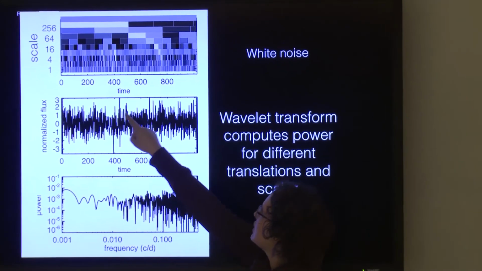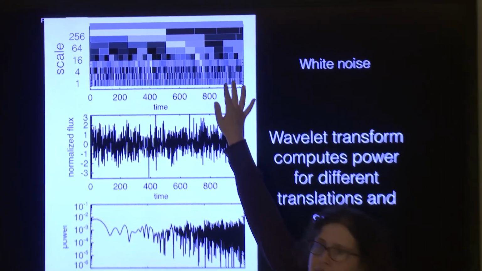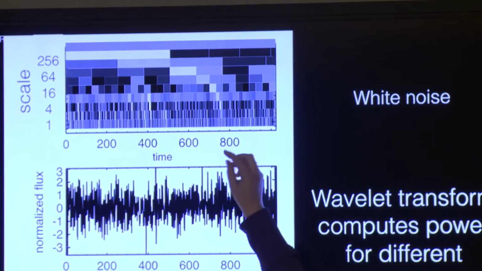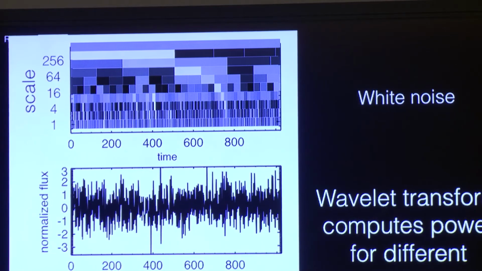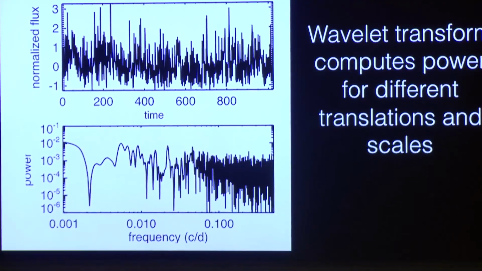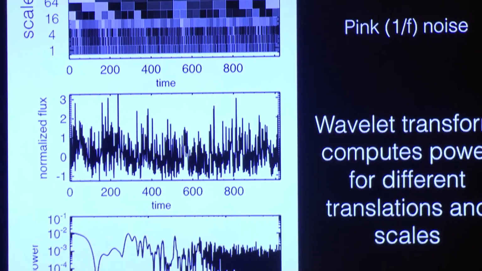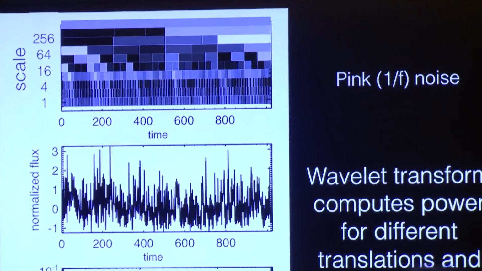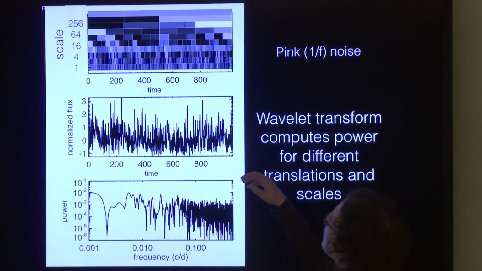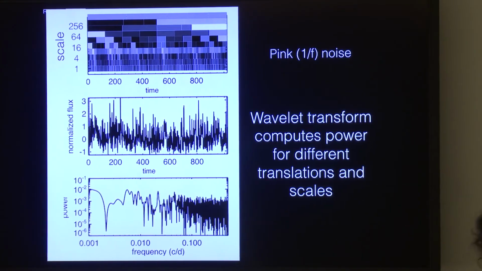You can see scale and time, and it looks pretty random because we have white noise, but I'll show you an example where it's not white noise, where there are different dominant scales at different times. So here's pink 1/f noise. Since there's more power at low frequencies, we'll see more power on scales that are larger.